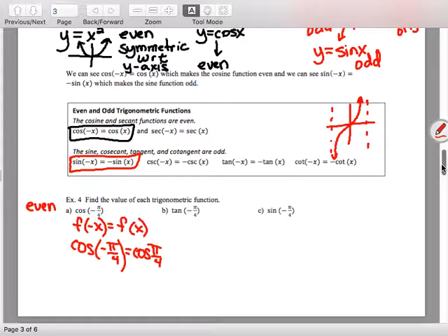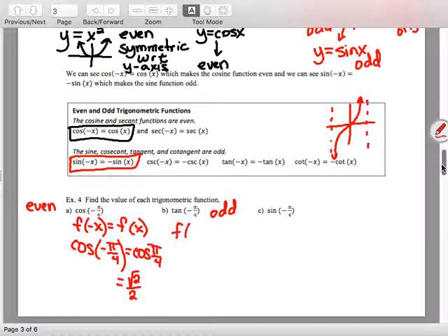Either is fine. And I left on the chalkboard my 45-45 so we could easily use that. So what's the cosine of pi over 4? Radical 2 over 2. So the cosine of negative pi over 4 is the same thing as cosine pi over 4, so it's radical 2 over 2.